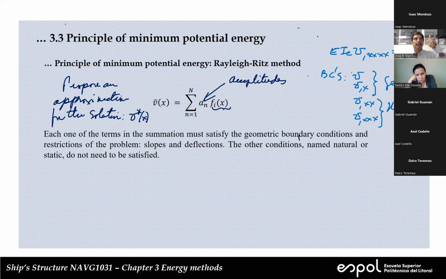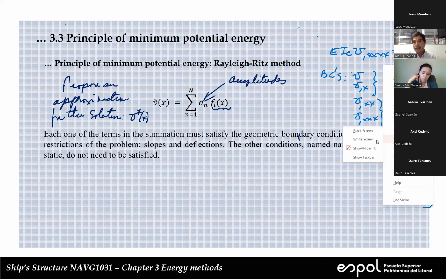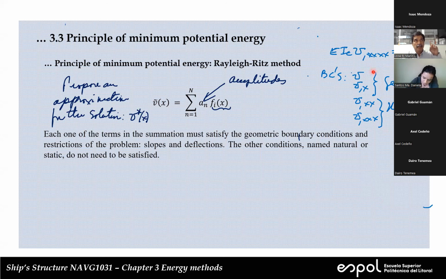If you say that the deflection is 0, is that geometric or natural? I think it's geometric because it's a value of V. And you can see here, when you have a value of V, that's a geometric boundary condition.